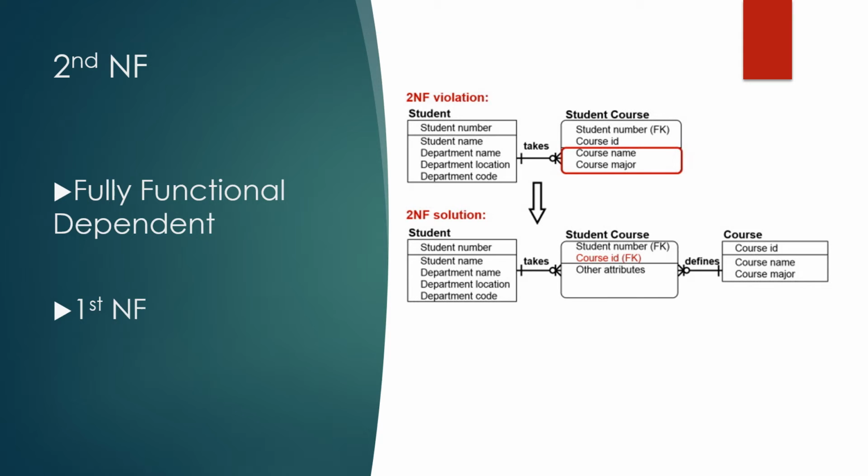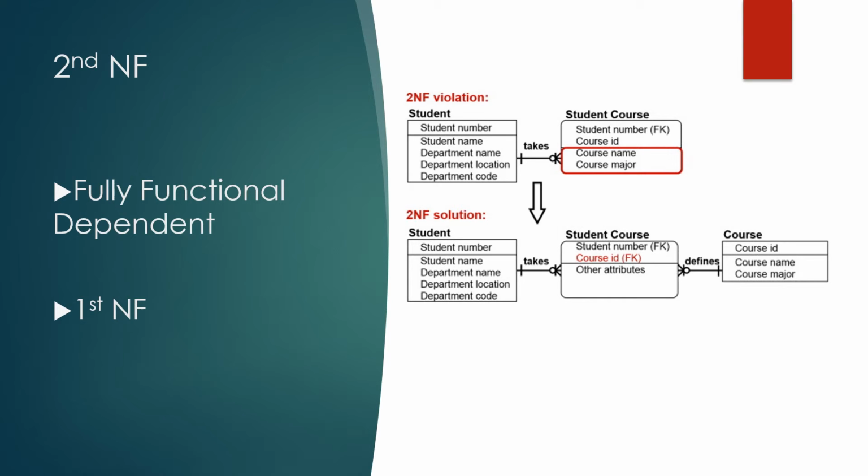attributes. In this example, which was taken from Rick Sherman's book, Business Intelligence Guidebook, we see that the second table, Student Course, has course ID, course name, and course major. Course name and course major are a subset of course ID.